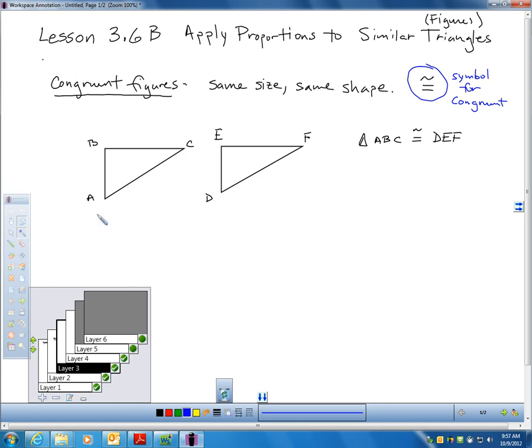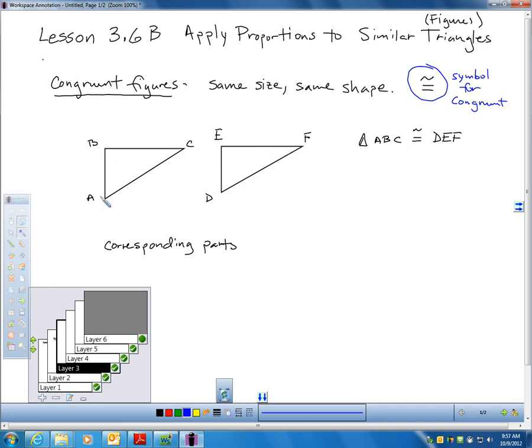I tried to draw a picture, I hope I did a good job, of two triangles that are the same size, same shape. Now it's important when you name these triangles and you say they're congruent that you have their corresponding parts matching up or aligning.